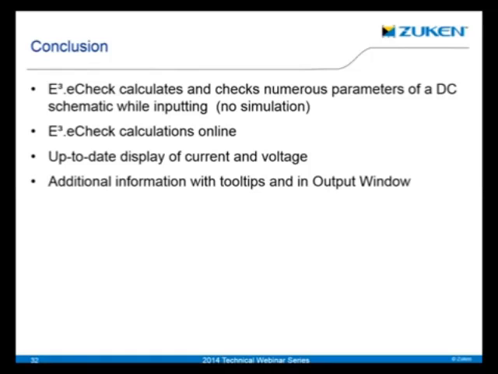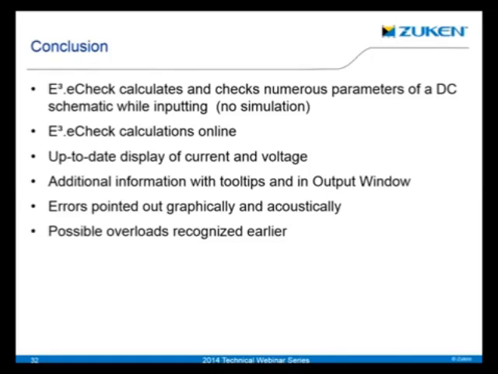There is additional information available in the tooltips and also in the result window. Errors are shown in the graphic, and there is also an acoustic warning. When the current is more than the defined fuse duration factor, you will get a warning. This helps to recognize possible overloads. There is enhanced functionality for switches and relays.